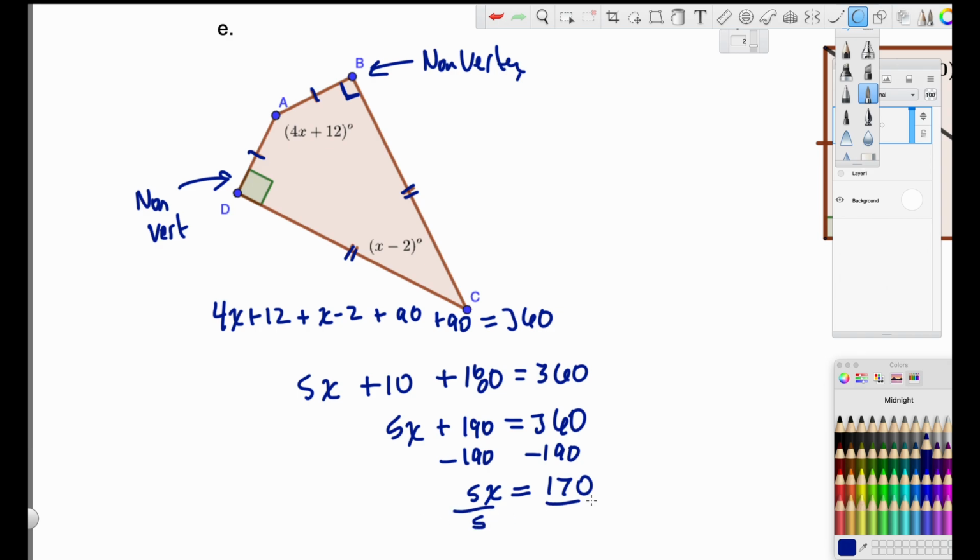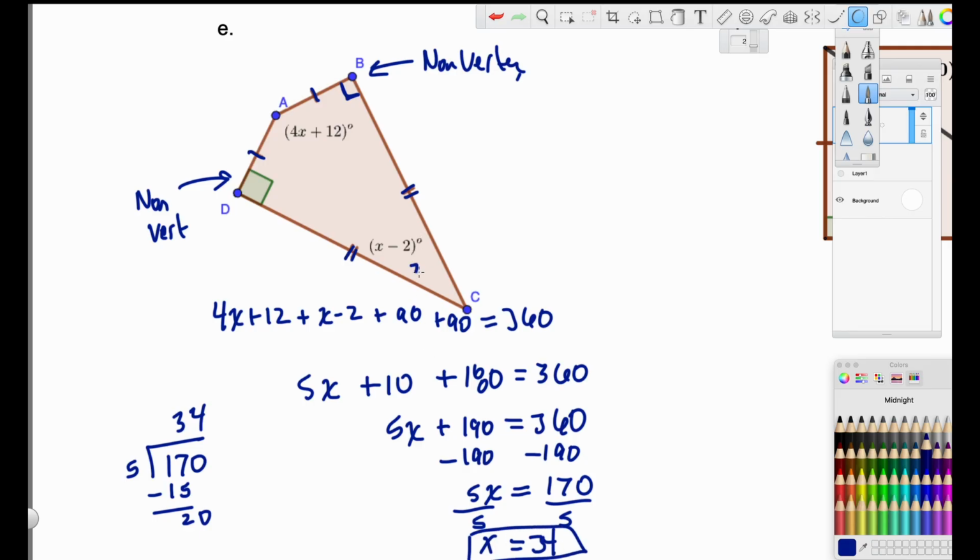Divide by 5. 5 goes into 17 3 times. 5 goes into 20 4 times. So x is 34.